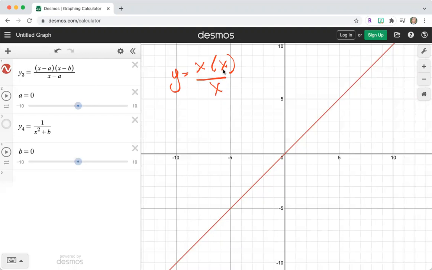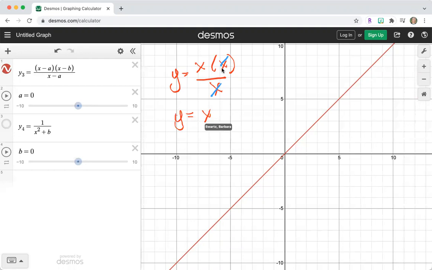So this is really where a lot of analysis or thinking comes in. What I hope that you automatically start to recognize is we can have x divided by x. These two divide to 1, and then we can simplify that, and that will look like the line y equals x.